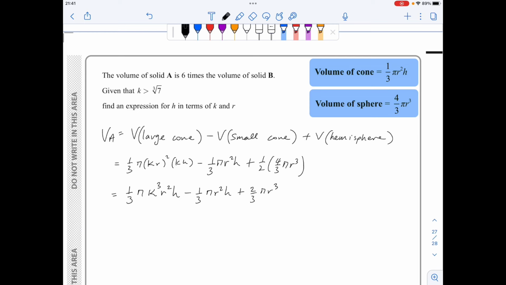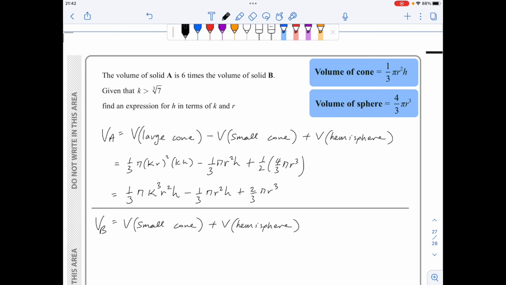Let's proceed to the volume of B. This is equal to the volume of the small cone plus the volume of a hemisphere. So this is equal to 1 over 3 pi r squared h plus 2 over 3 pi r to the power of 3. 2 over 3 because it's half of 4 over 3 pi r cubed.